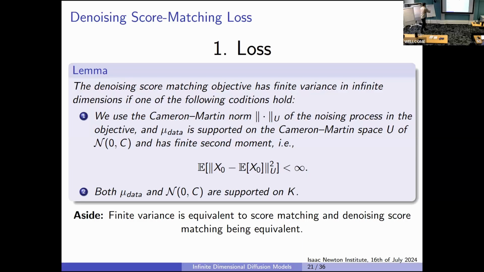Which means that because we're adding noise with Cameron-Martin space U, and normally that means that we're adding noise which is itself not in U but in a rougher space. So we're adding more rough noise than mu data itself is in some sense. This would be one, but then we can actually use the Cameron-Martin norm in the training loss, or any weaker norm.